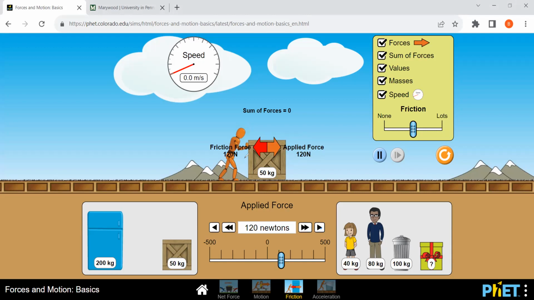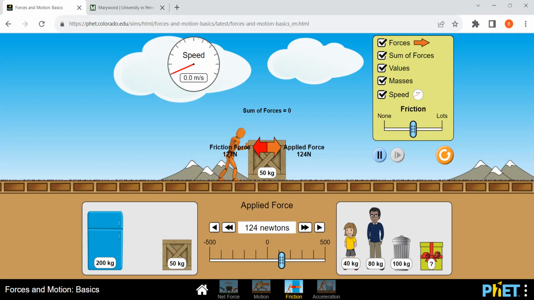Let me now add 1, 2, 3. So still it's not the maximum limit. So you see that before we reach the maximum limit, the applied force is balanced by the friction force.